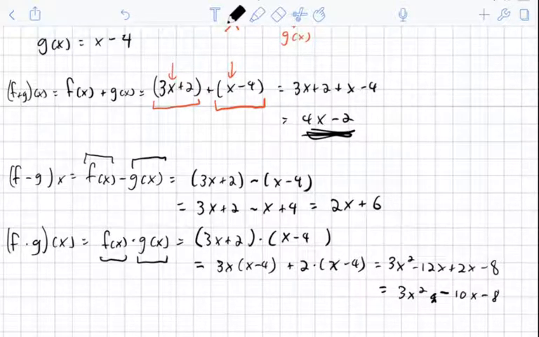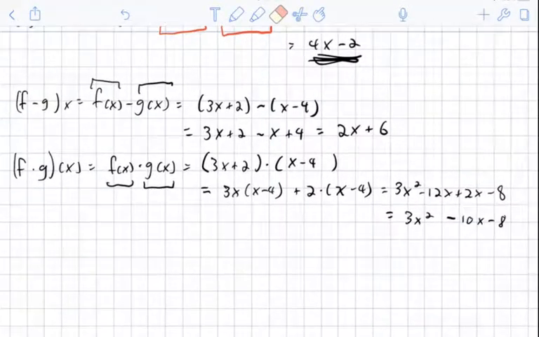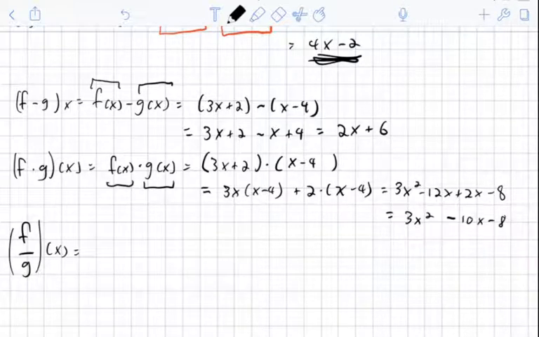Yeah, it's not hard. I'll ask you to do this a couple times in the worksheets, but when it's not too weird. The last one, you can divide them. So f over g of x is just f of x divided by g of x. It's a new function, and actually one interesting thing to note is if you subtract, you get a polynomial.